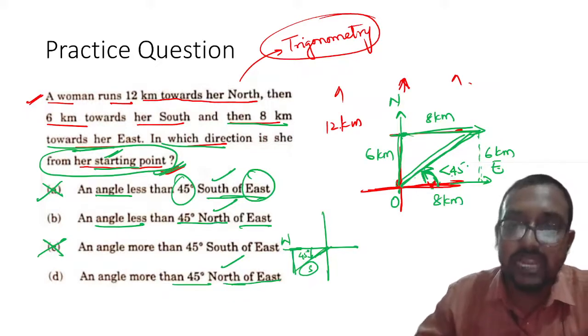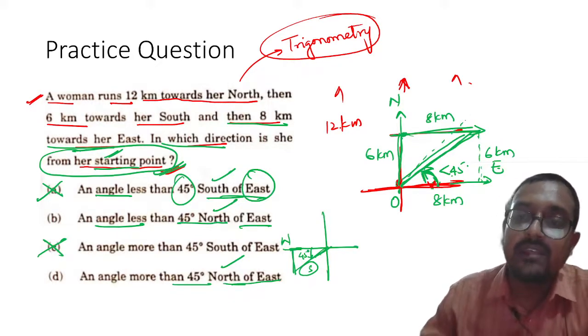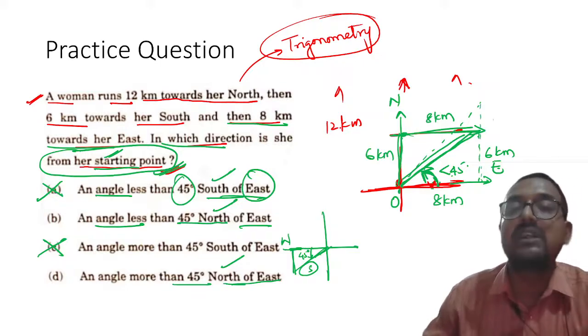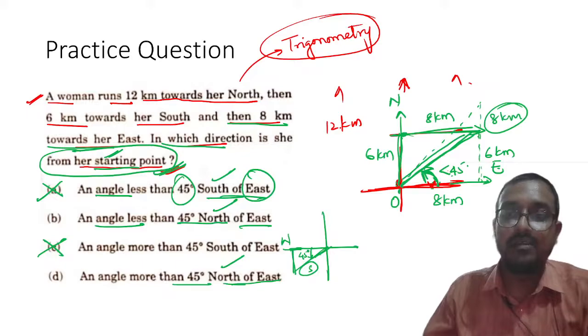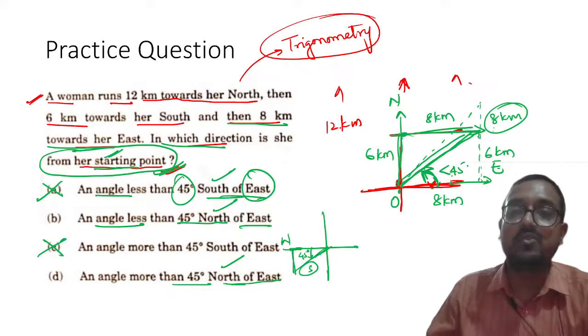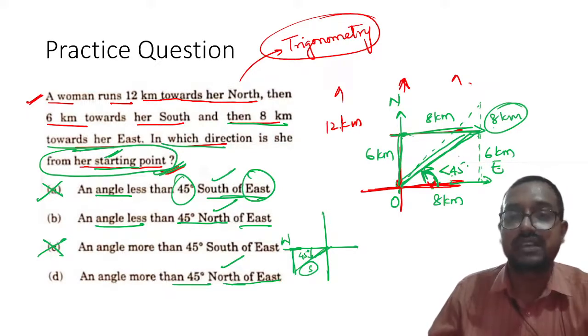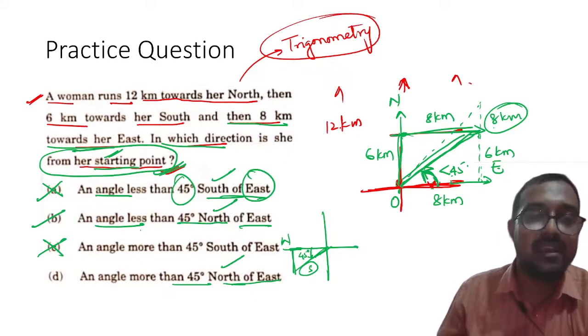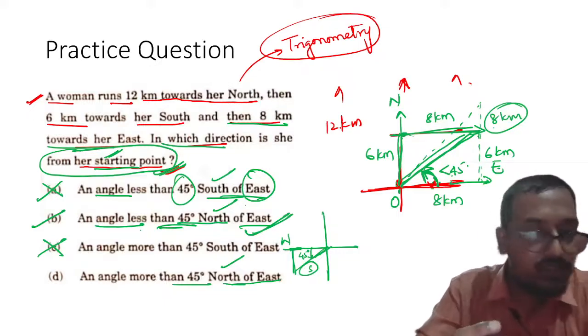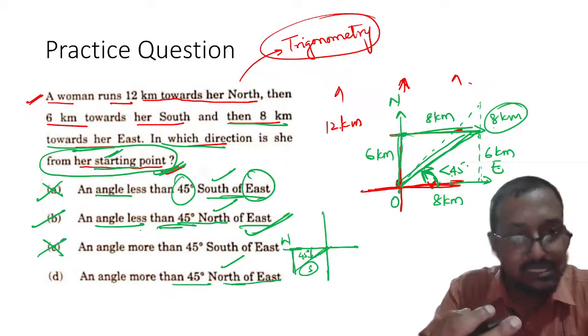Because if it would have been equal to 45 degree, this perpendicular distance would have been 8 kilometer. Understood? Because P is equal to B is the identity of this thing. So my dear students, what will be the answer? The correct answer will be B, an angle less than 45 degree north of east. Everyone got it? Karthikeyan, is it clear?